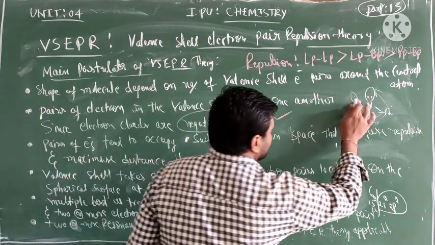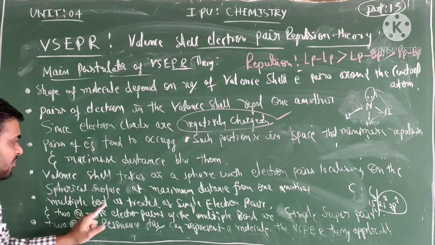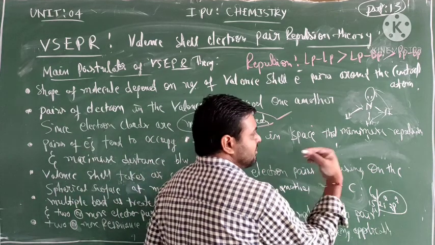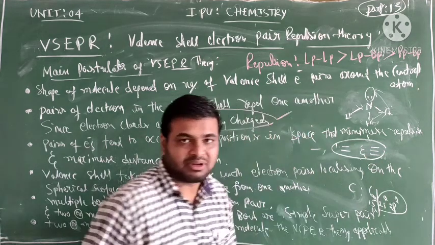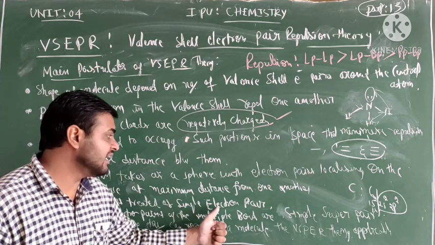Clear? Okay. So next point: multiple bond is treated. A multiple bond means a single bond with a double bond and triple bond. This is called a multiple bond. The multiple bond is treated as a single electron pair.